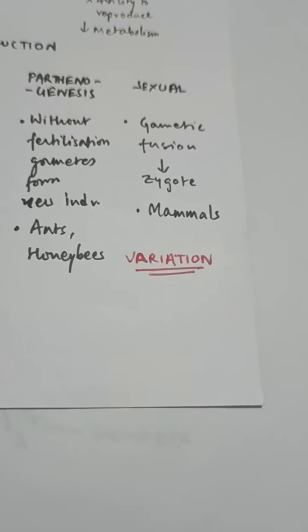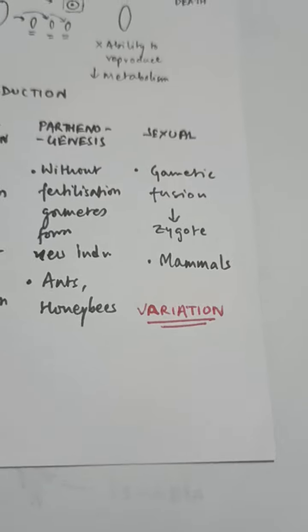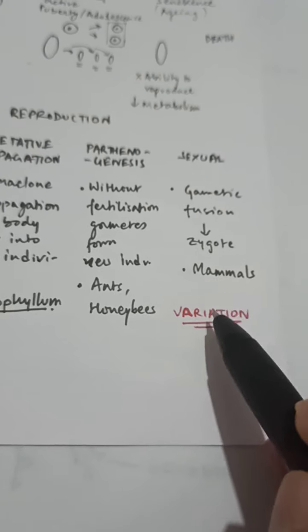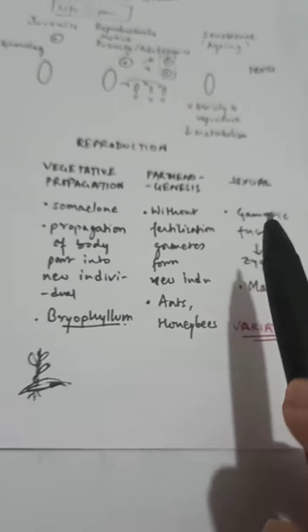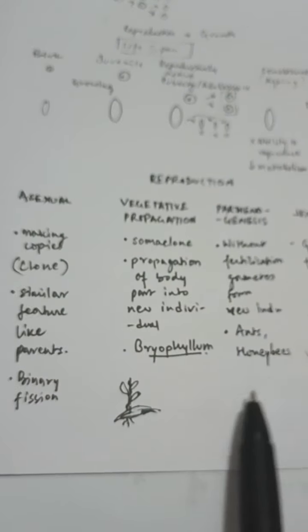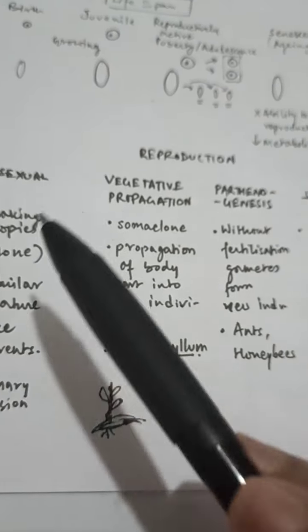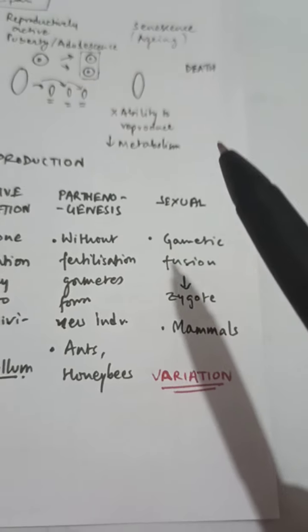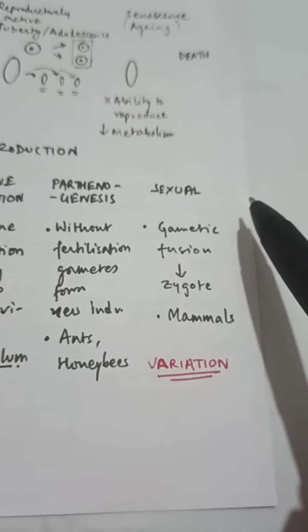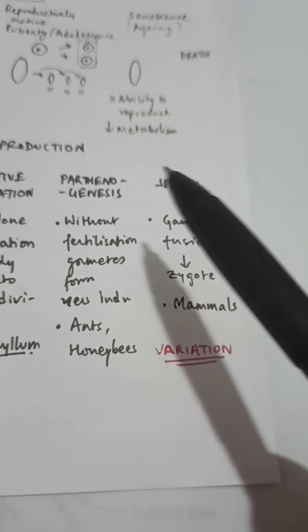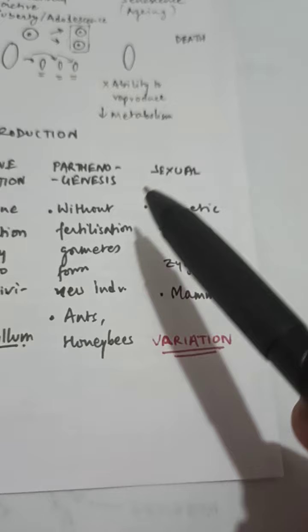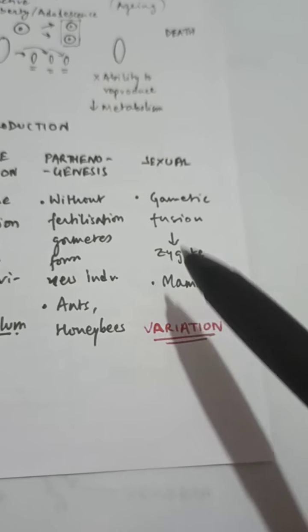For that, whenever they enter the process of sexual reproduction, there is involvement of two parents, because in all of these other cases there is no involvement of any second individual. Here only a single individual is giving rise to the new one. But in this case there are two parents, the male and the female, and their gametes fuse together to form the zygote, the new individual.